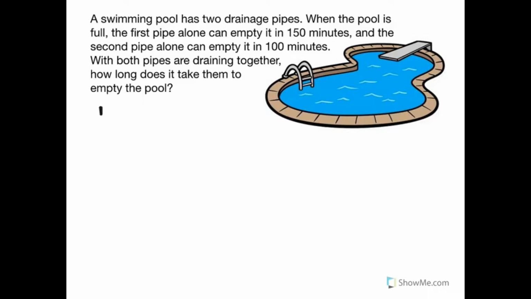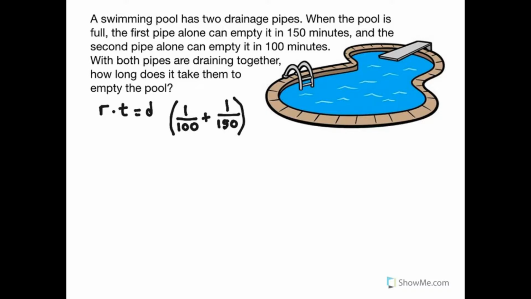Now you know that rate times time equals distance or job done or whatever. One pipe is working at the rate of 1/100th of a pool per minute, and the other pipe is working at the rate of 1/150th pool per minute.